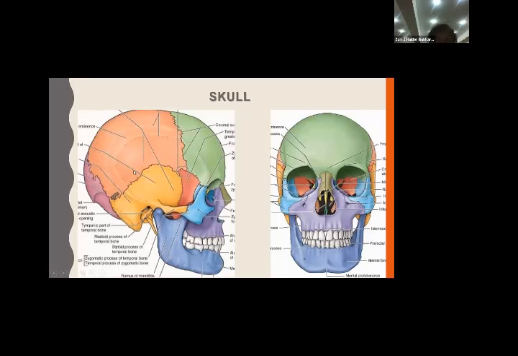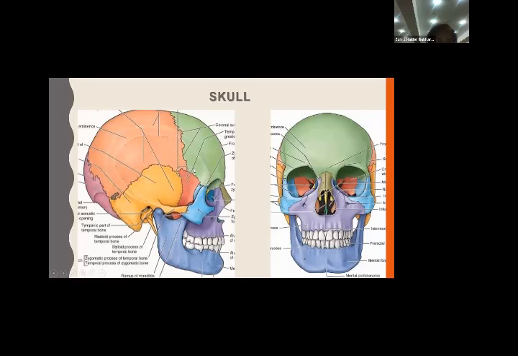So we have already done the bones of the skull. हमने इनको बहुत डिटेल में स्टडी किया था, ठीक है, रिवाइज these bones with you here last time, and this is just to tell you that this part of the skull, these bones, frontal parietal, temporal, occipital, sphenoid, they make up a protective case around the brain.